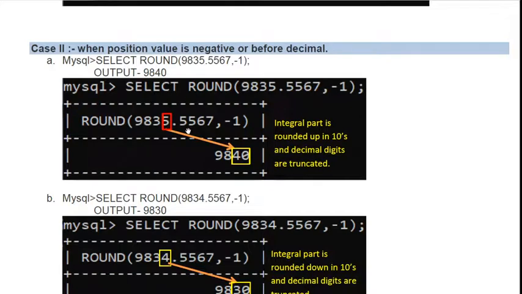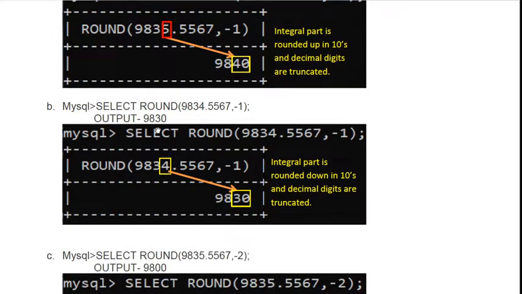The integral part, before the decimal part, is rounded in tens, and decimal digits are truncated. This is minus 1, that's why in tens. If it is minus 2, then it will round in 100. Minus 3 round in 1000.